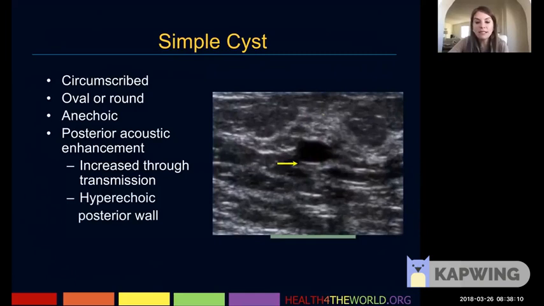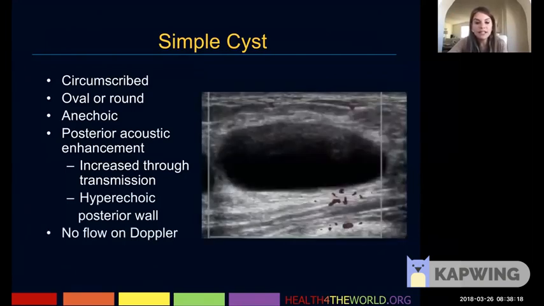And that may be what we see in smaller cysts without significant posterior acoustic enhancement. Here's a nice example, and again, these simple cysts should have no flow on Doppler. If you think something's a cyst, it's anechoic, it's circumscribed, you always need to verify that there is no flow on Doppler. Something to be aware of is what we call near field artifacts.